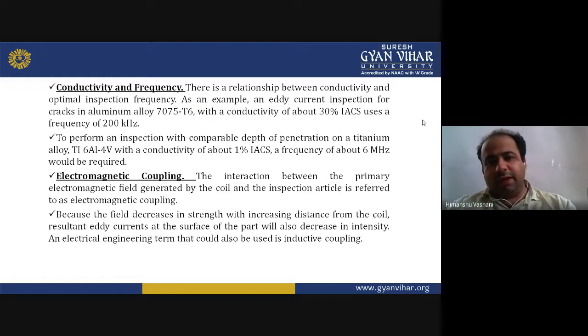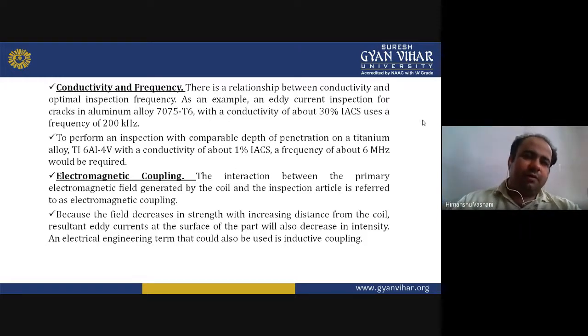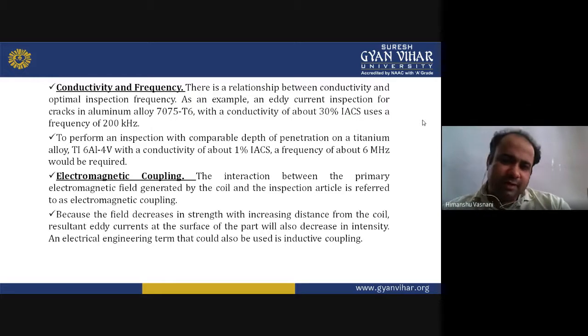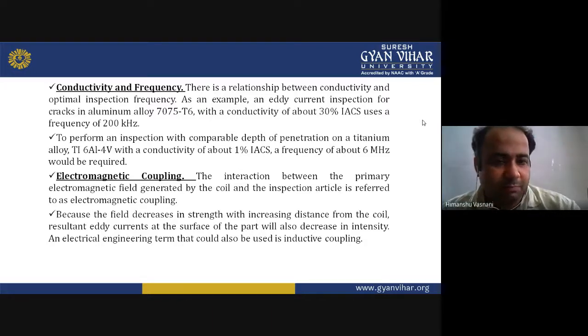Now, to perform an inspection with comparable depth of penetration on a titanium alloy, that is Ti-6Al-4V, with a conductivity of around 1% IACS, a frequency of around 6 MHz would be required. So you can see the relationship between conductivity and optimal inspection frequency. Certain parameters are in consideration, and the IACS has defined some values for that.